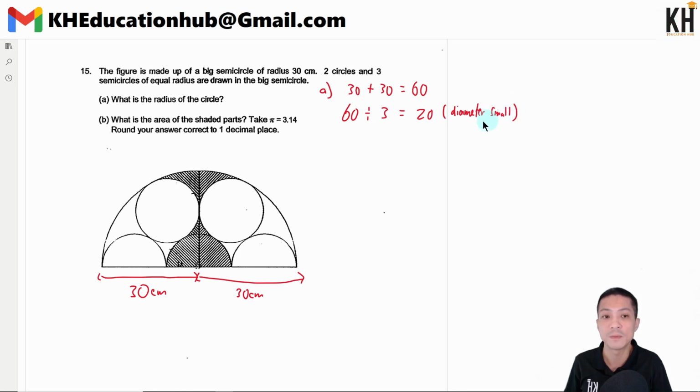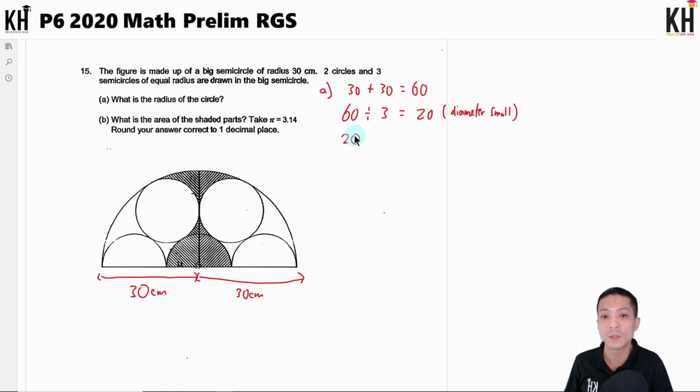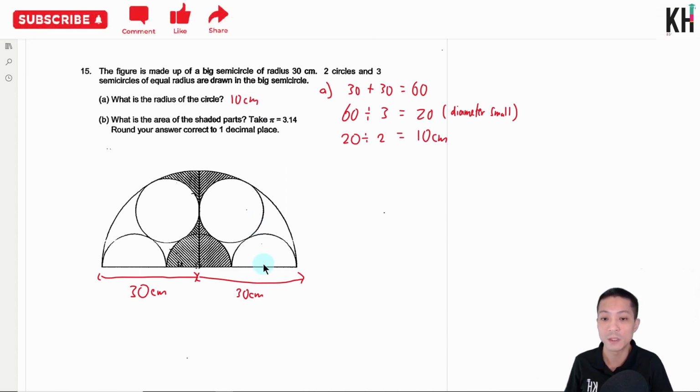Next step will be to use 20 divided by 2, which is 10 cm. So the answer for part A is 10 cm. So from here is 10.